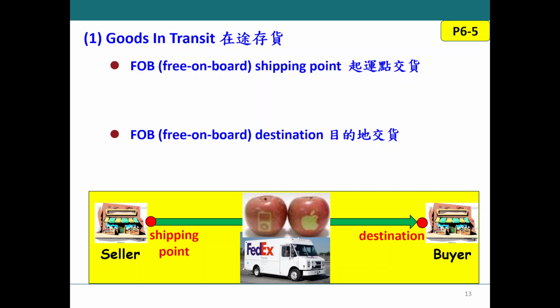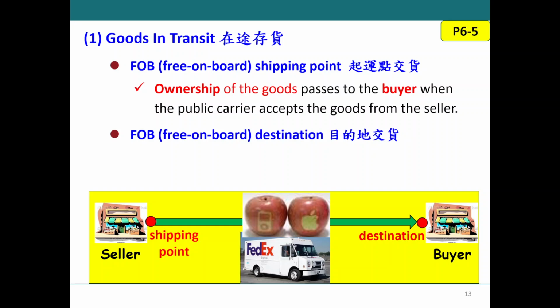After the destination, none of the seller's business. Based on the process, with FOB shipping point, who has these two apples? Buyers, right? After shipping point, none of the seller's business, so the buyers have the ownership for the inventory.